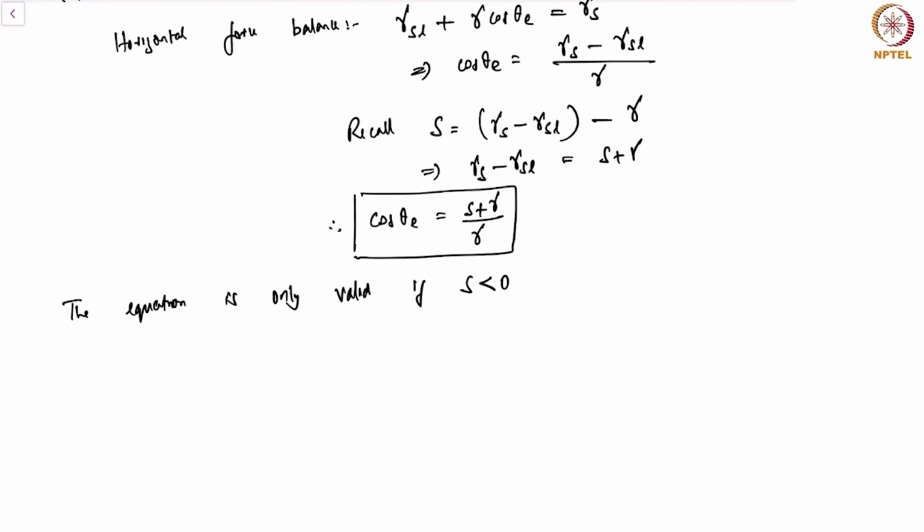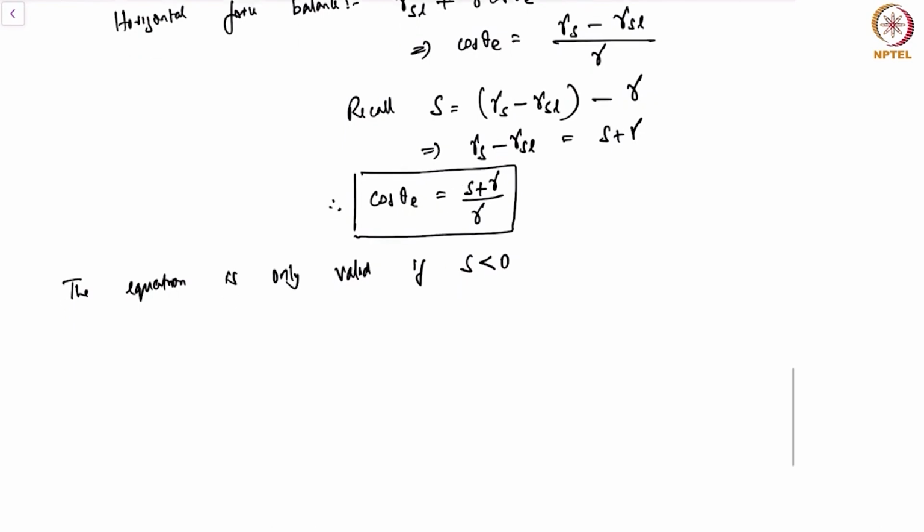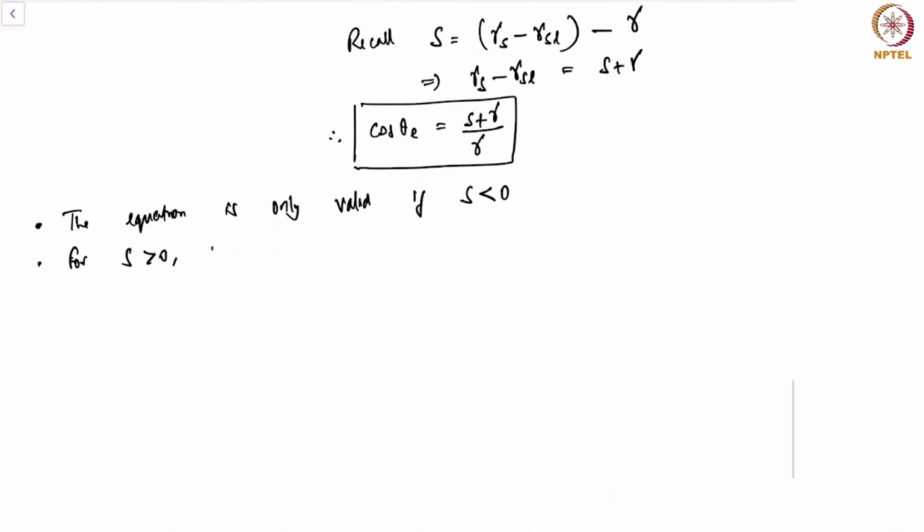If S is greater than 0, the numerator becomes larger than the denominator, and therefore the equation will have no physical meaning. So for S greater than 0, we should note that there is no contact line.